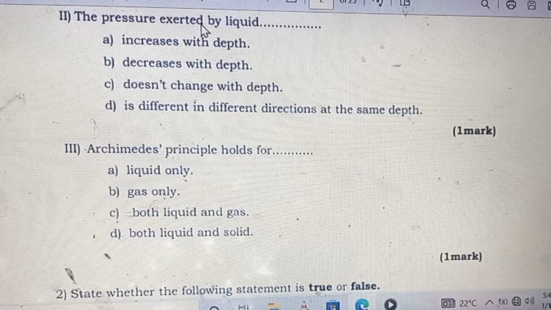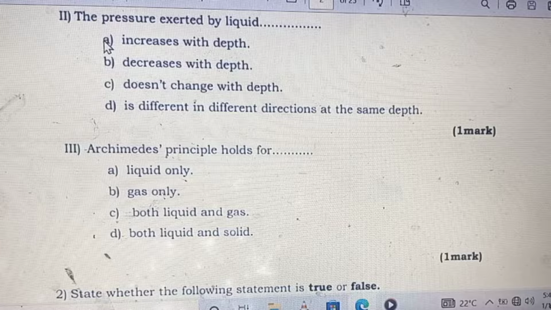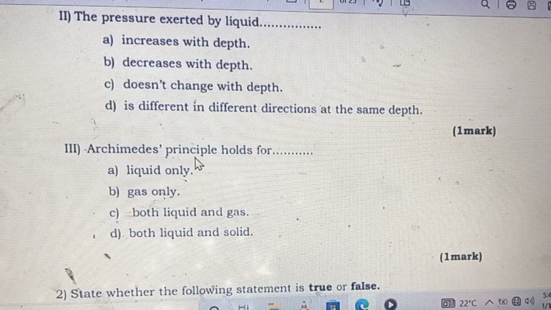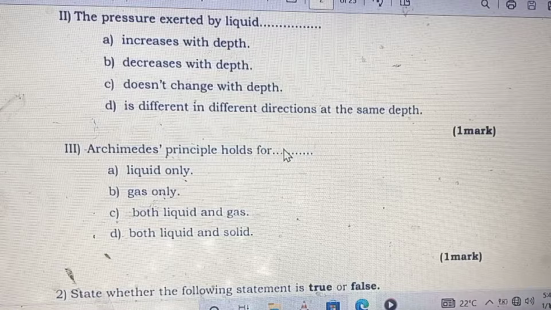II. The pressure exerted by liquid is. The correct answer is letter A, increases with depth. III. Archimedes' principle holds for. The correct answer is letter C, both liquid and gas.